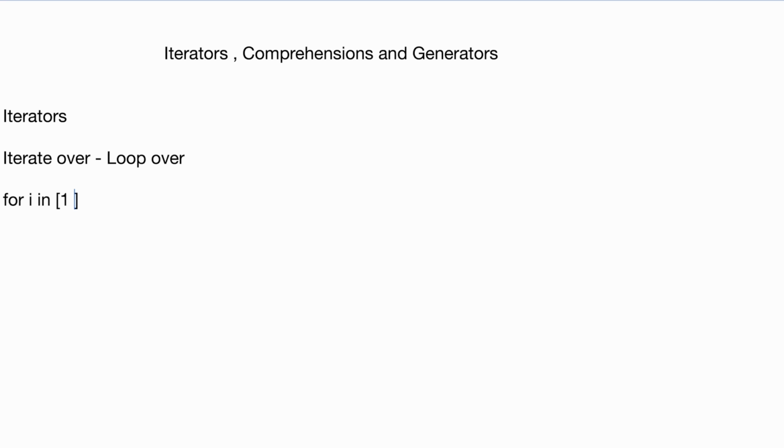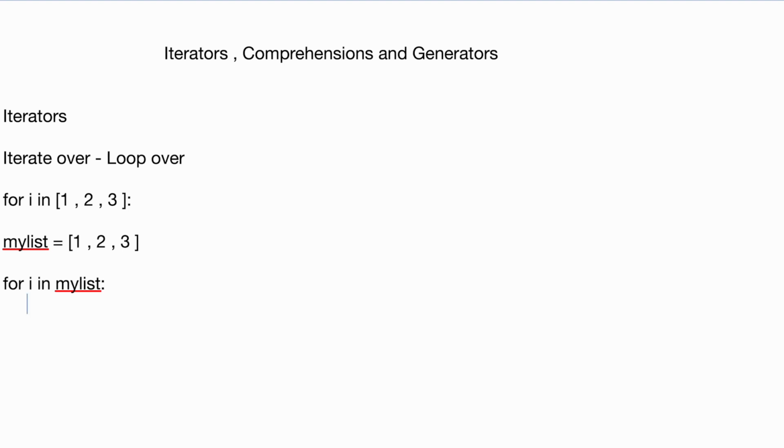We can pass a raw list like this, or sometimes we construct a list first, my list, and then we write our for loop like for i in my list, and then whatever operation we have to do with indentation, we write it.